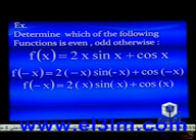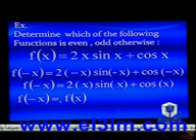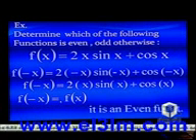Therefore it is 2x sine x, and the cosine negative x equal cosine x. Therefore this original and this new functions are similar. Then f of negative x equal f of x, and then it is an even function.